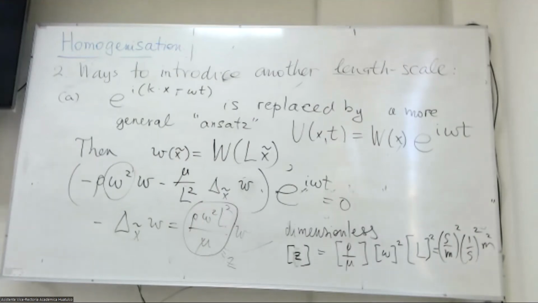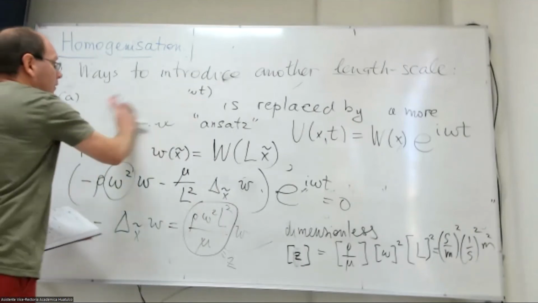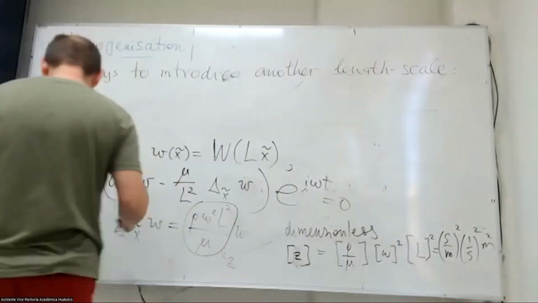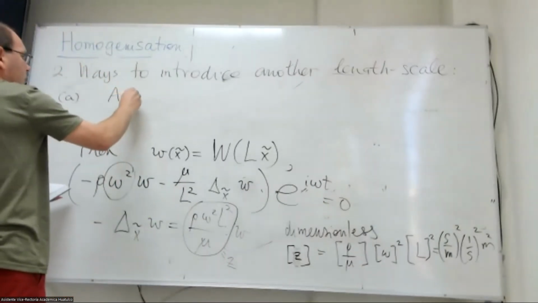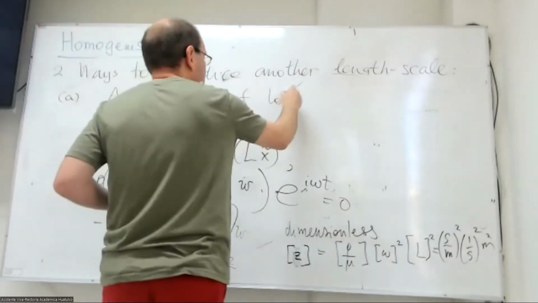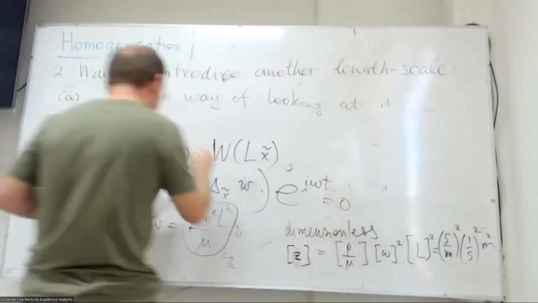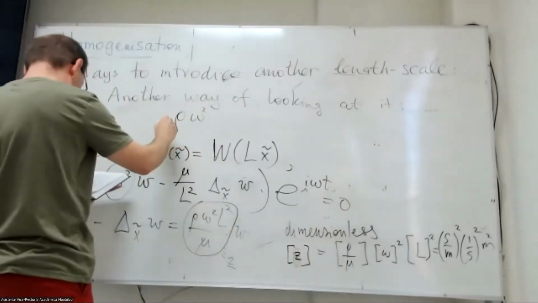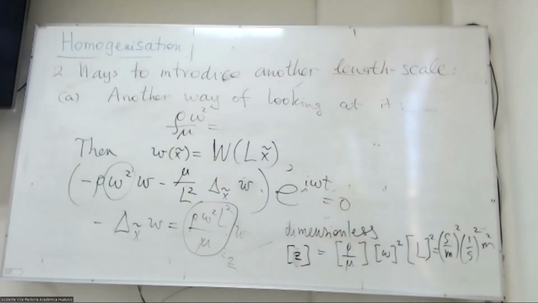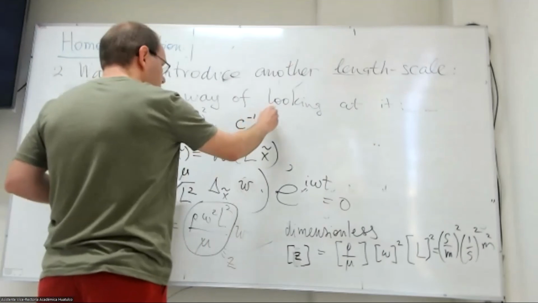So another way of looking at this constant, and it's a useful way of looking at it, so I'll mention it, is to say that rho omega squared over mu is this guy.